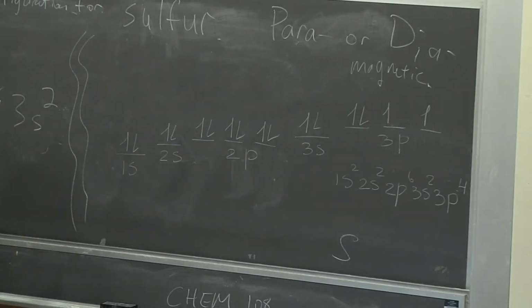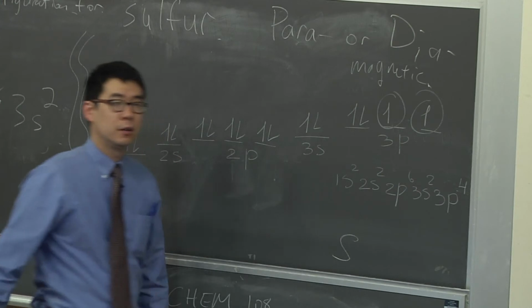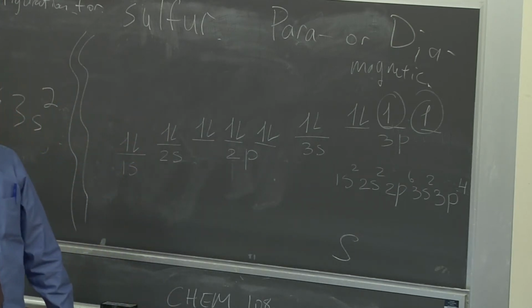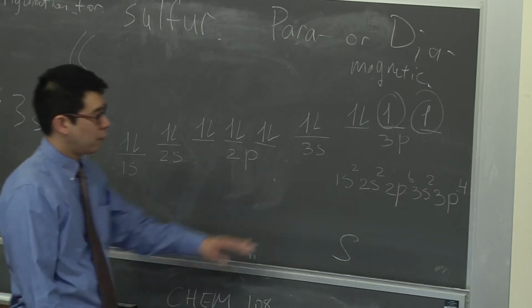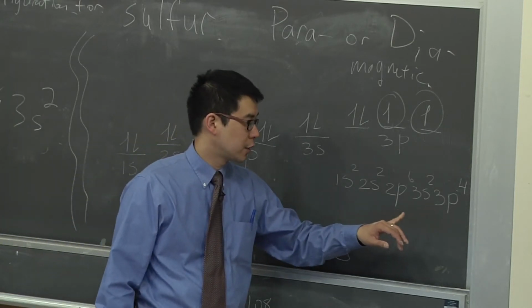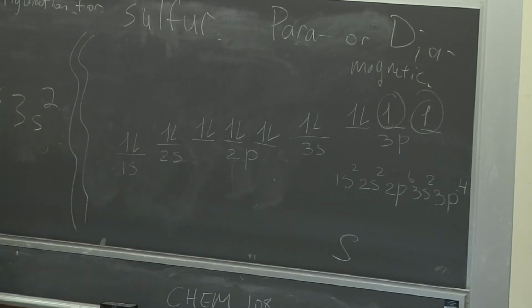And we have 16 electrons. Sulfur has 16, right? So you'll notice that these are parallel, right, and in different orbitals. And we have it right, 1s2, 2s2, 2p6, 3s2, 3p4. And so is it diamagnetic or paramagnetic? It's paramagnetic, right?